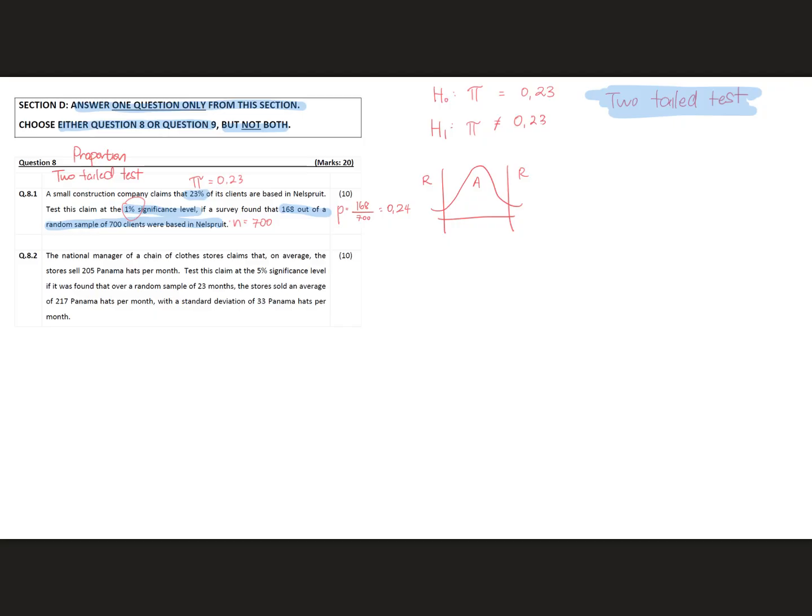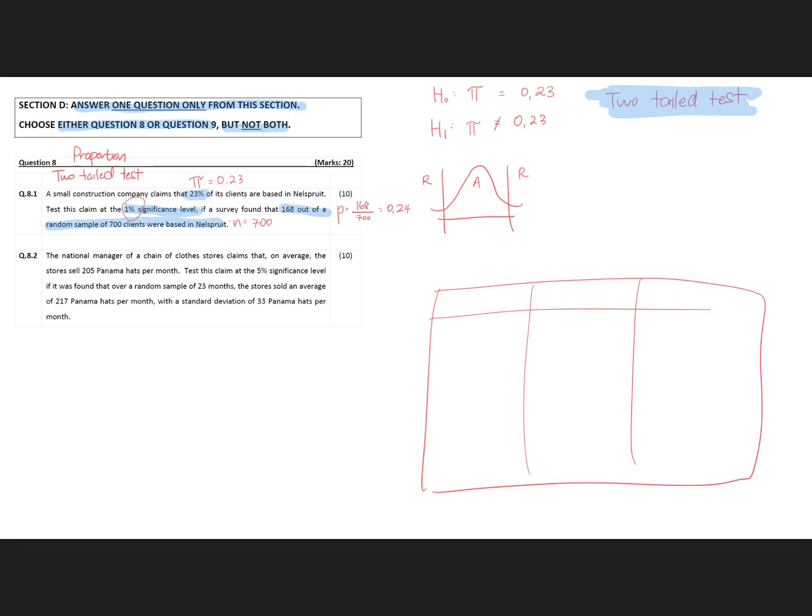So all you need to do now is go to that table. It's a table that looks like this. I'm just going to roughly draw it up. It has your different significance levels here, for example 1%, 5%, 10%, then again 1, 5, and 10, then again 1, 5, and 10. Then you have the type of test in the next column.